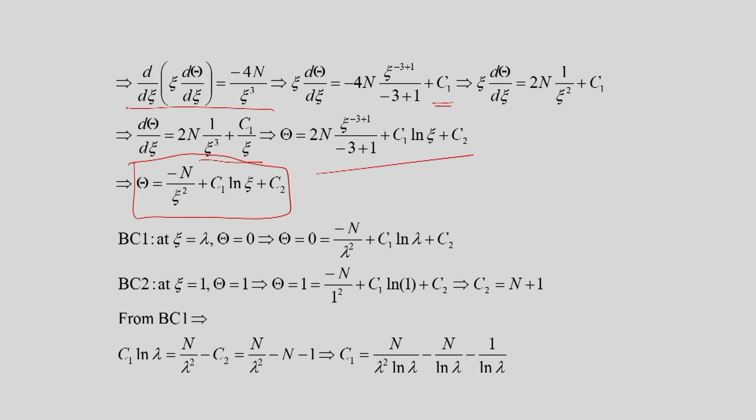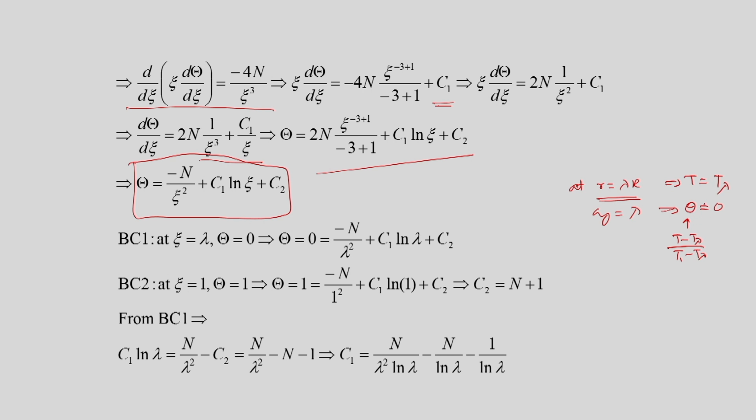So, we have two boundary conditions. At r equals lambda R, we have T equals T lambda. So, if you convert it in terms of xi, at xi equals lambda, theta equals 0, because theta is nothing but (T minus T lambda) by (T1 minus T lambda).